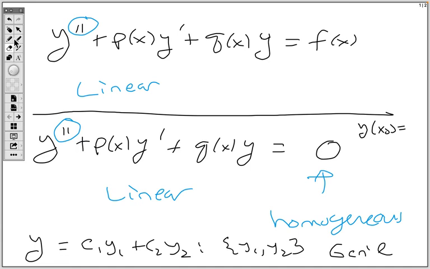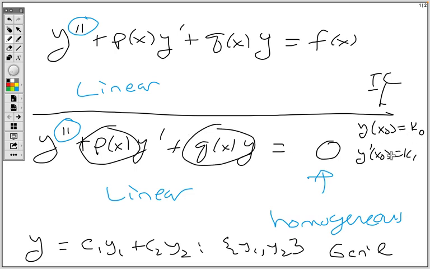I don't know why the book changed it up. k naught and k1. We tacked on initial conditions. As long as our p and q were continuous in an open interval about x naught, we were guaranteed not only a solution, but only one solution. So that's where we spent our time last week, the theory of these equations.